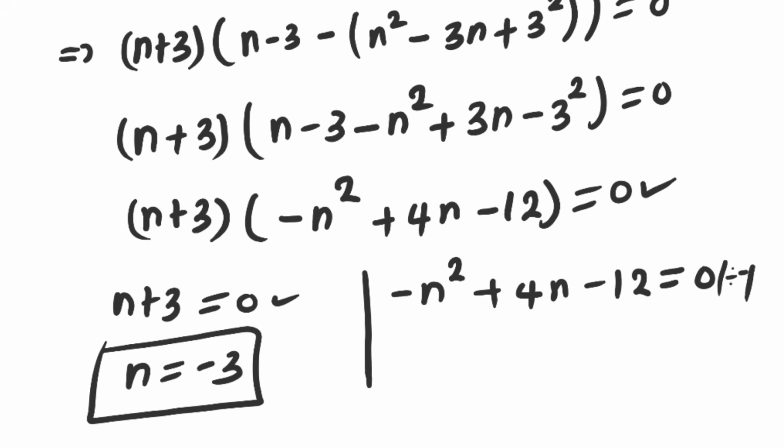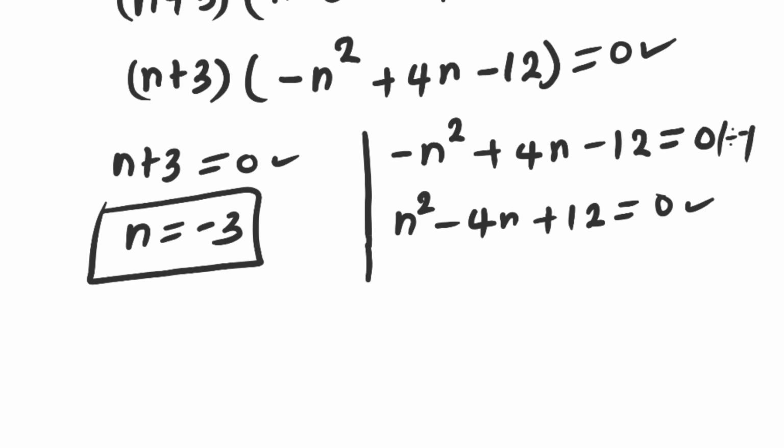If you divide the whole of this equation by minus 1, we have minus n squared divided by minus 1. This is n squared. Then plus 4n divided by minus 1. This is minus 4n. Minus 12 divided by minus 1. This is plus 12, equal to 0. This is a quadratic equation which can be solved using quadratic general formula.